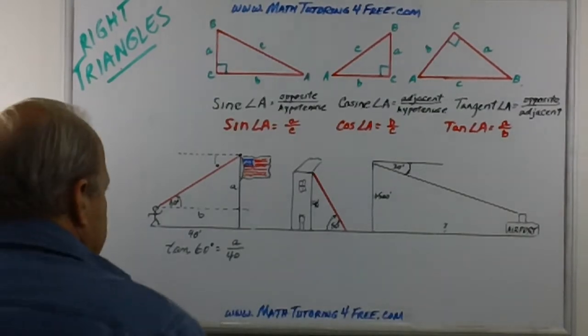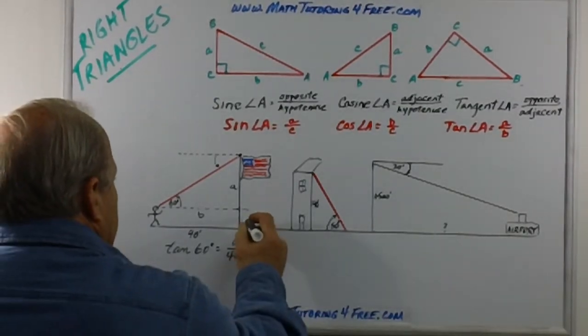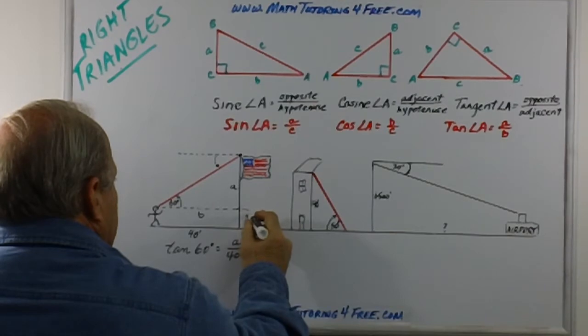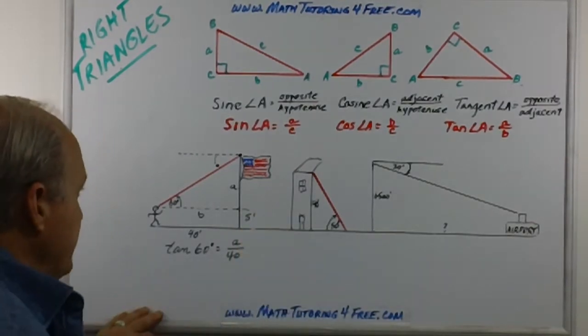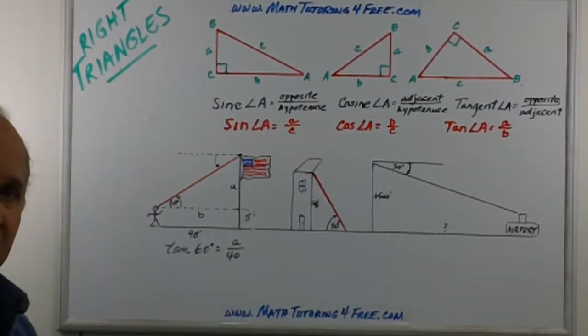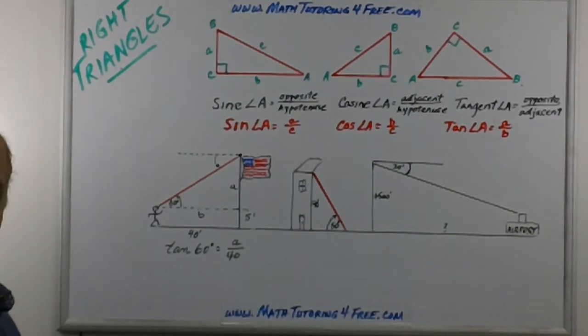So just for sake here, let's say he happens to be 5 feet tall. Then we're going to have to add 5 to the height that we found from our trig exercise. That's the kind of thing that's a little tricky, a little sneaky, but unfortunately so many kids miss it. They do the trigonometry fine, they just forget to add the extra 5 feet.